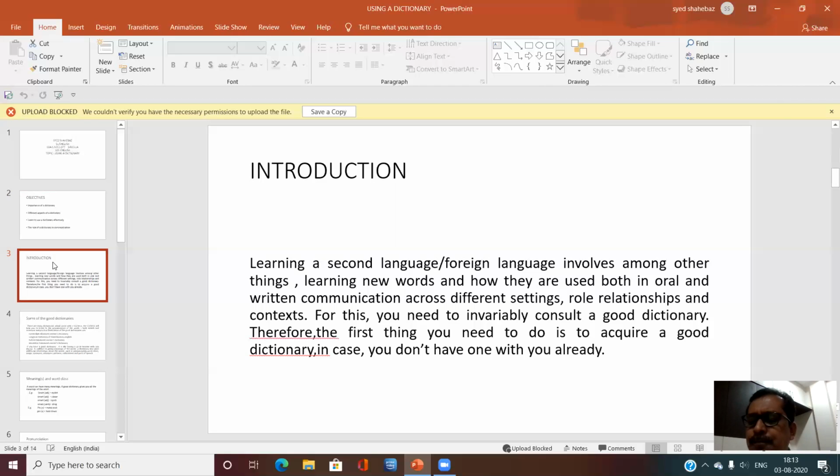For example, to make a request, we use certain kinds of words. To give instructions, we use certain kinds of words. In the same way, to make an appointment or to cancel an appointment, we use a different set of words.